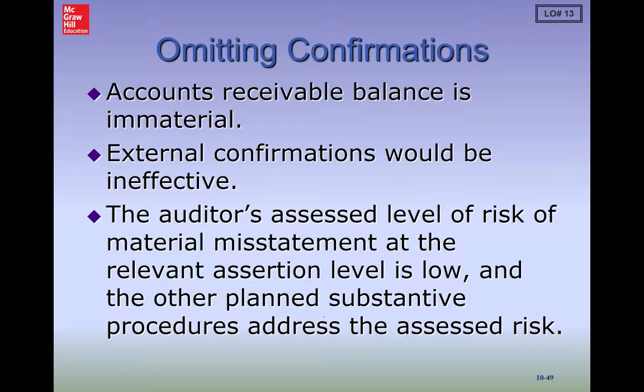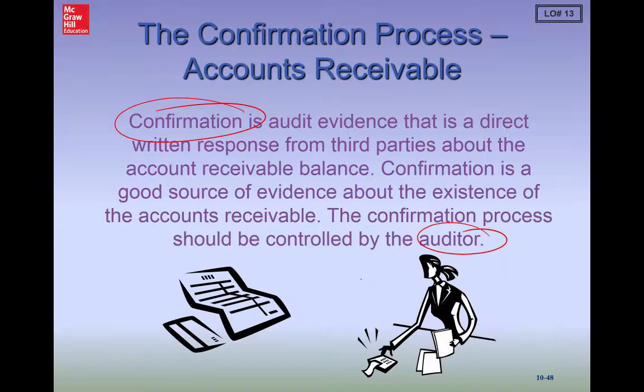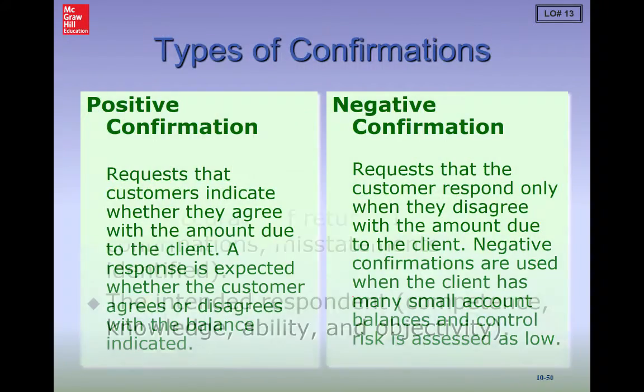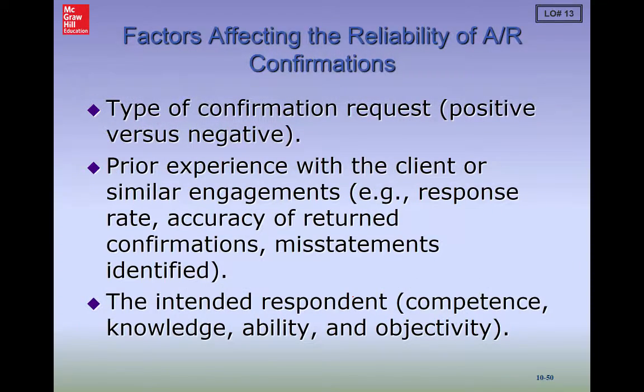You don't do confirmations if the amount is immaterial or if it's ineffective. A lot of times you'll send out all these confirmations, but you won't get very many back. So depending on the level of risk is which confirmations you use and to what extent. We have positive and negative confirmations, which we'll talk about in a minute.